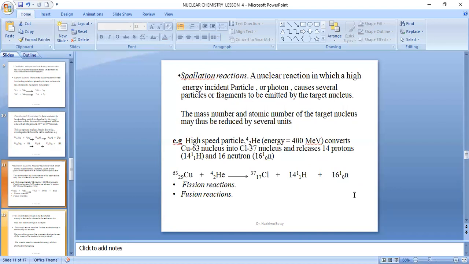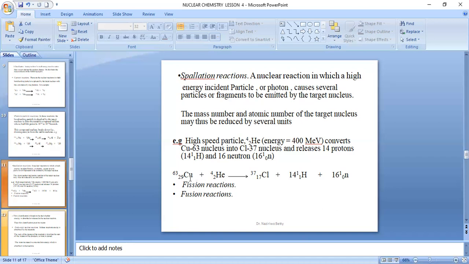An example of a high-speed particle is an alpha particle, which has got an energy of 400 electron volts. This one converts copper-63 nucleus into chlorine-37 nucleus, releasing 14 protons and 16 neutrons.